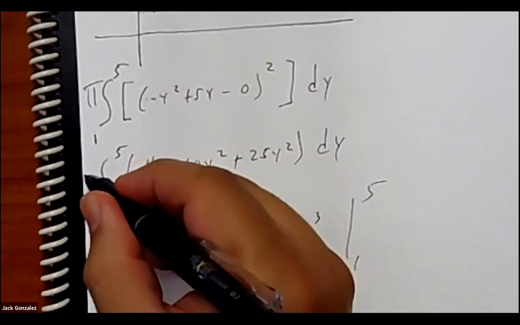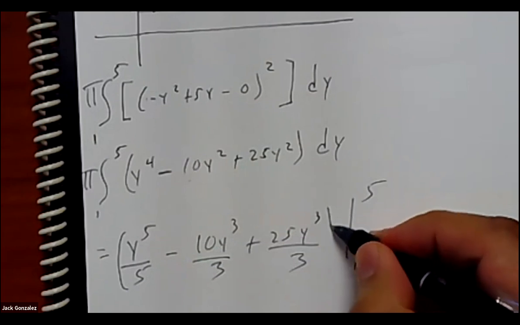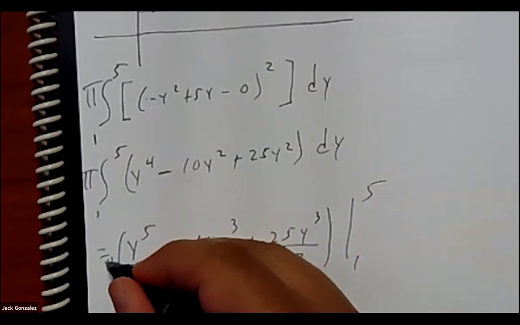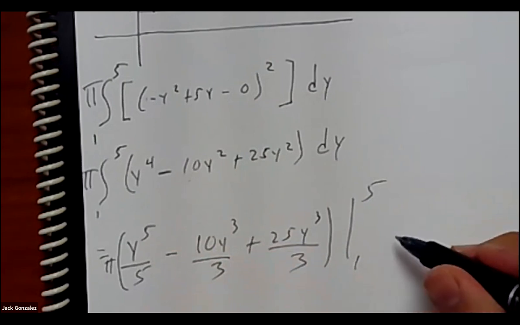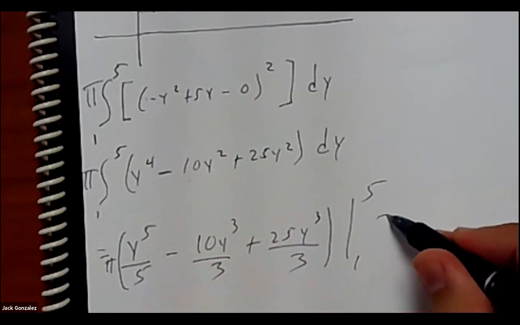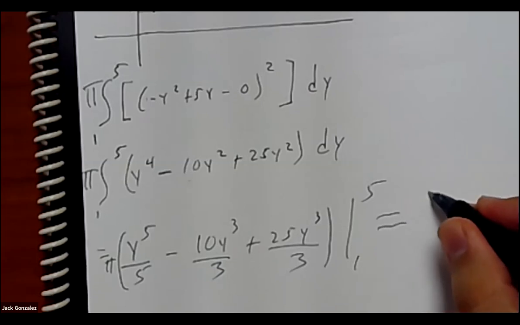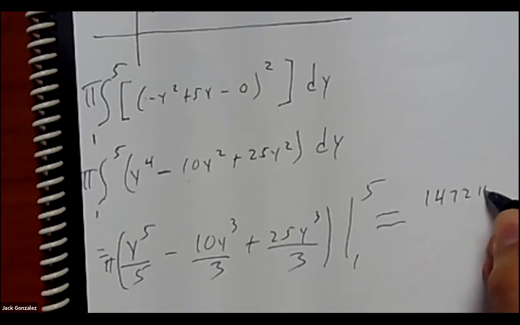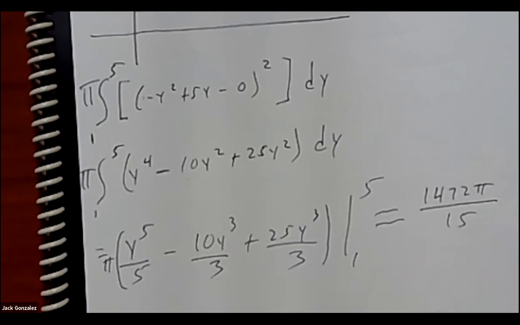You always have the pi, that's what causes the revolution, right? So at the end of the day, the answer is 1472 pi over 15. It's a beautiful number.